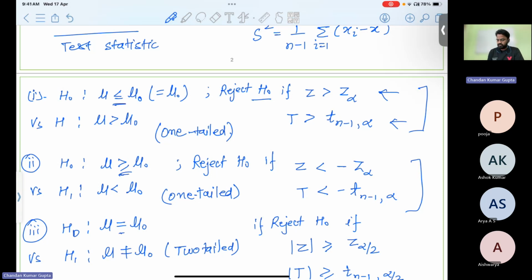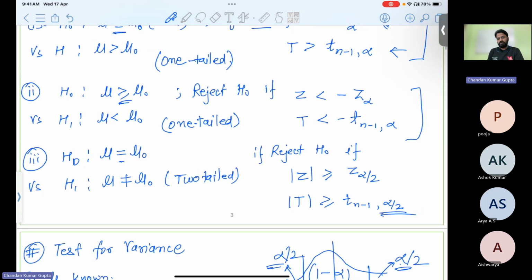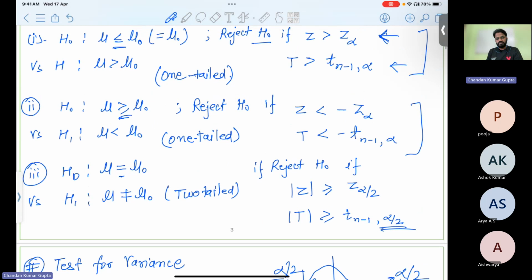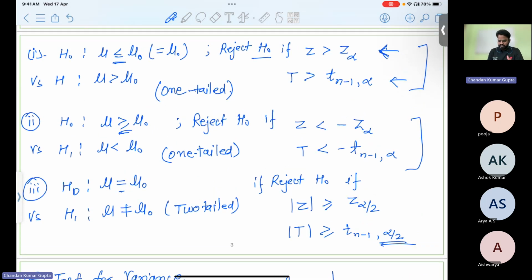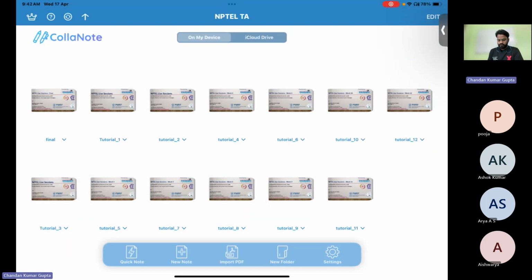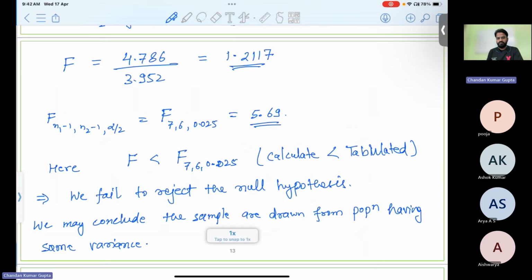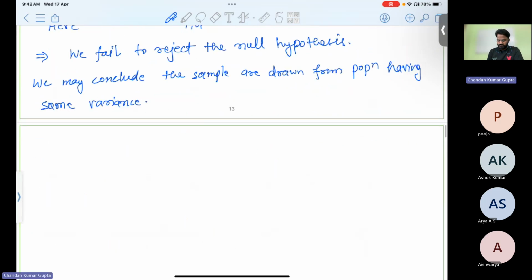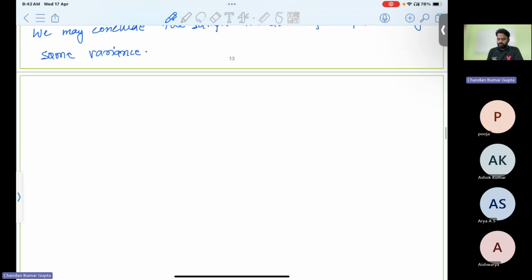Under different scenarios, different types of conclusions on the basis of the calculated and tabulated values are drawn. All of this was already discussed by Sumesh sir also, and this particular PDF is available to all of you. If you don't have it, then I will mail it or provide it to you some way.